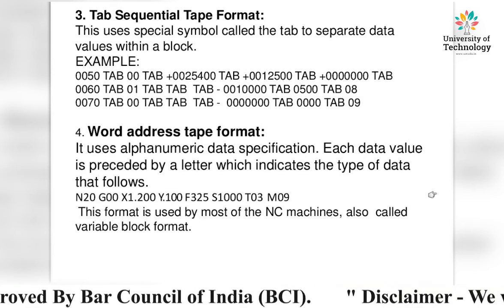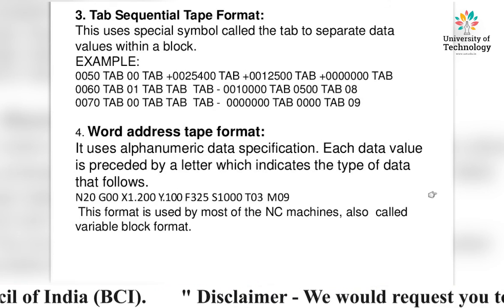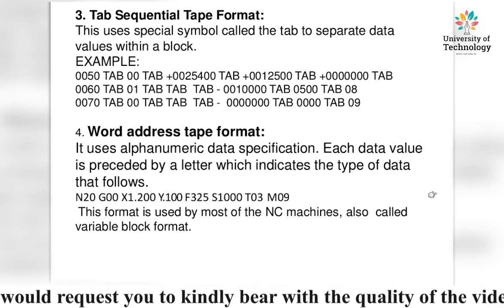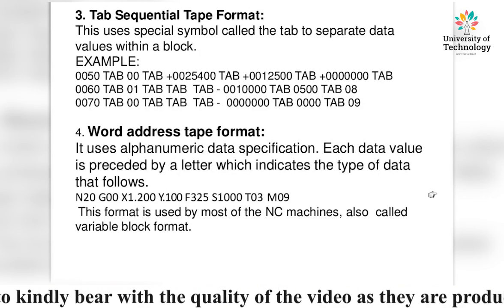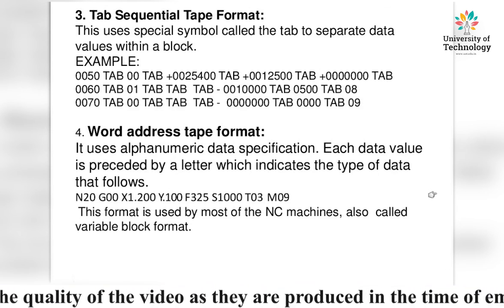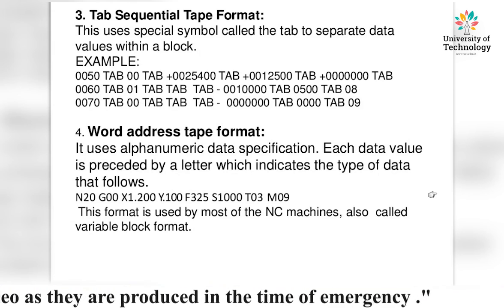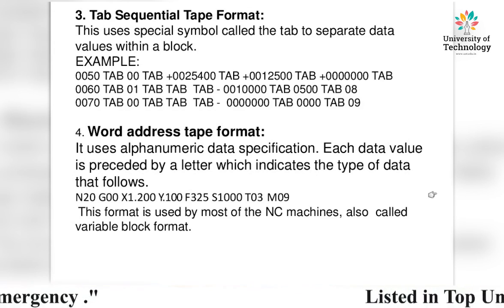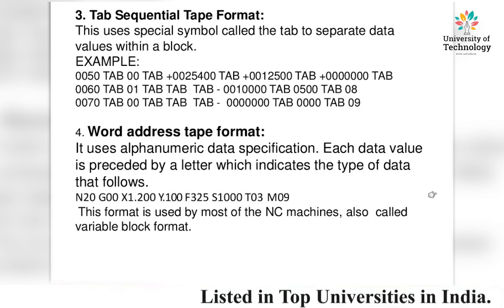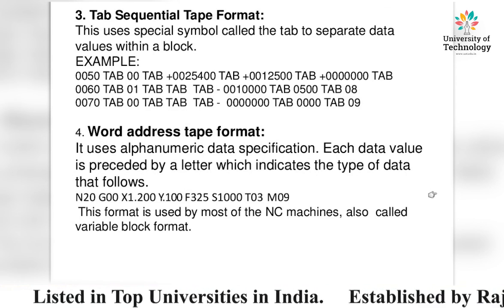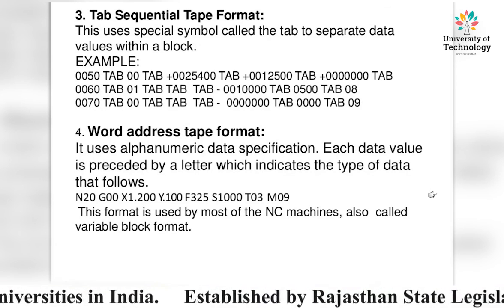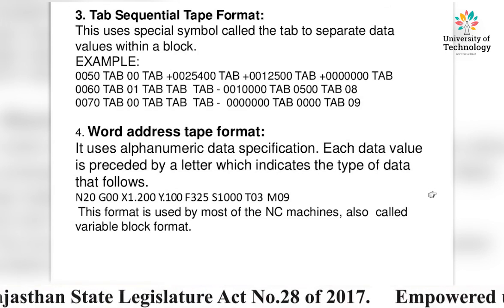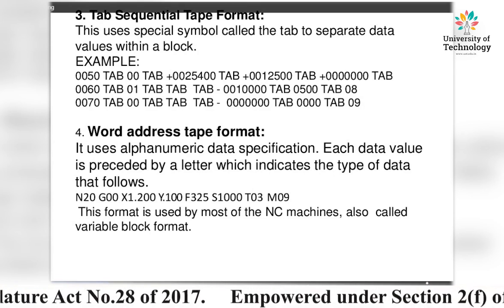That is N20, the line number; G00, the preparatory function; XY, the coordinates; F, the feed rate; S, the spindle speed; T, the tool number; and M, the miscellaneous function. This format is used by most NC machines and is also called the variable block format. These are the basic types of programming formats. Thank you.